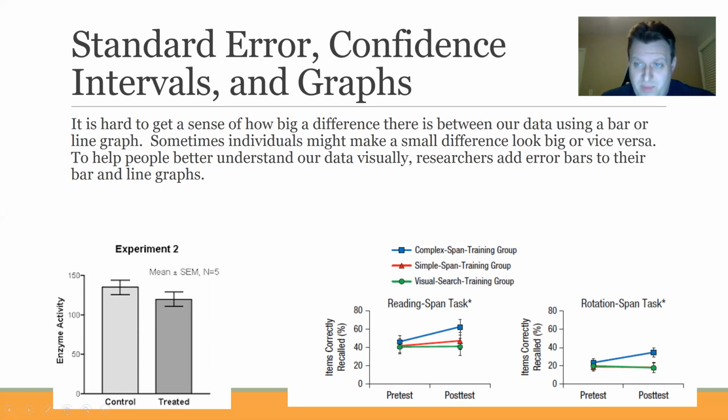But be mindful, sometimes these bars, which are called error bars, are confidence intervals. Sometimes they are standard errors. So here, for this graph that I found on the internet, the error bars represent a standard error of the mean. So one standard error above the mean, one standard error below the mean.